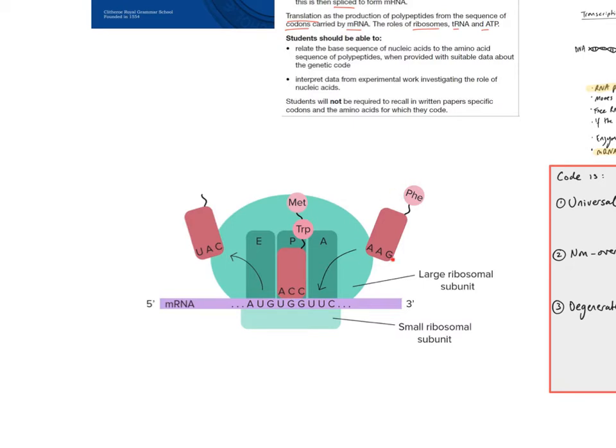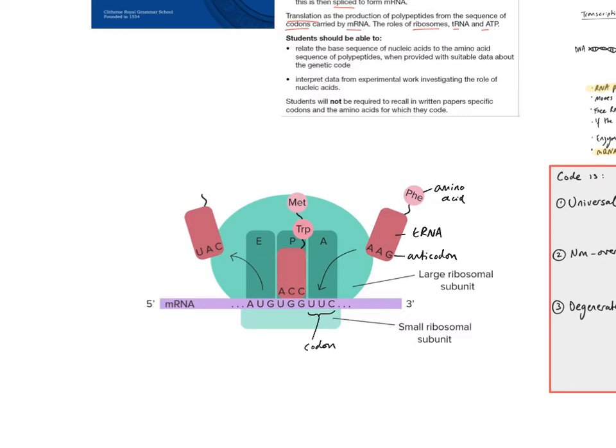And this is our tRNA. And you can see the tRNA has got this AAG on it. So let's label that because it's not quite fully labeled. So this is our tRNA. This is an amino acid. And the AAG, this is the anticodon. And therefore the UUC, this is the codon.